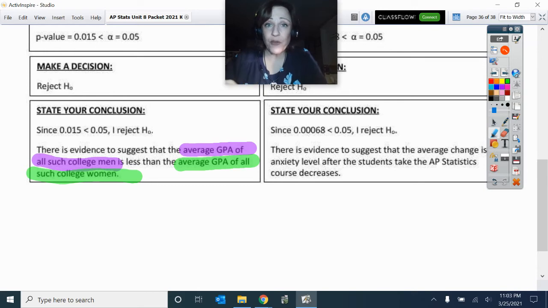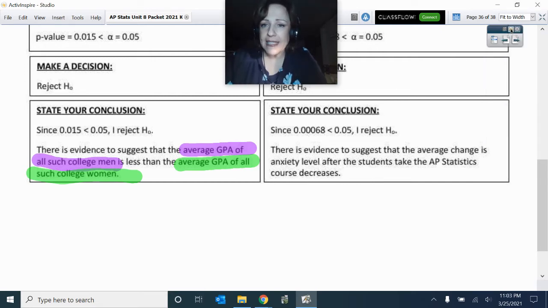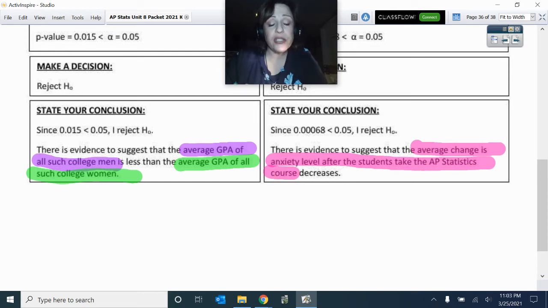It's not the same for this other conclusion, so let's look at it. There is evidence to suggest that, let me scoot this up here, that the average change in anxiety level after they take the AP course decreases.